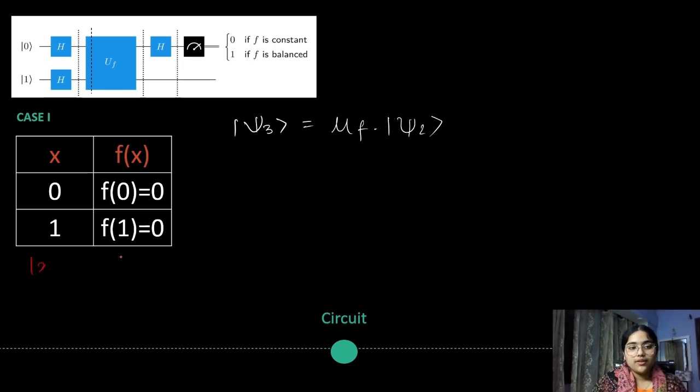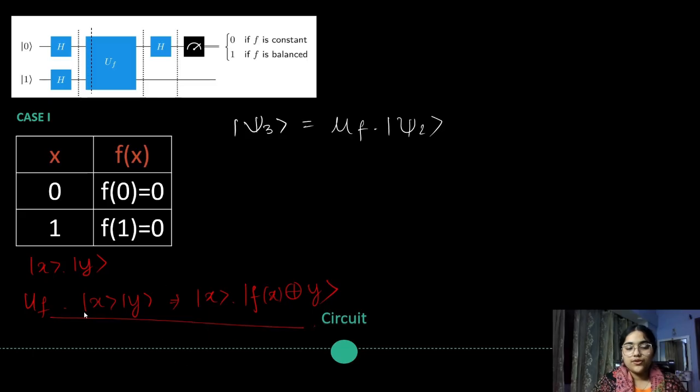If there are two inputs, X and Y, then the UF gate operating on X and Y gives us X, and f of X XORed with Y. So this is basically how the UF gate works. And if we see how the XOR gate works, we'll look at X, Y, and the output. The XOR gate outputs 1 only when the two inputs are unequal.